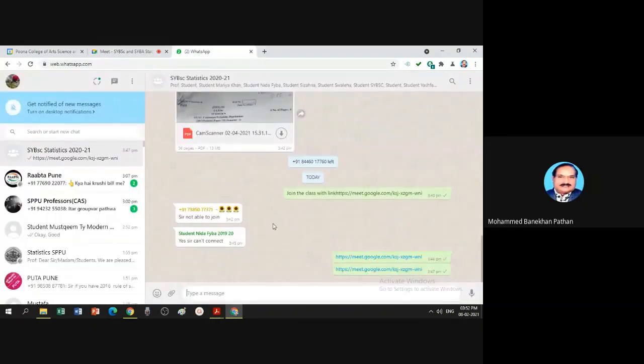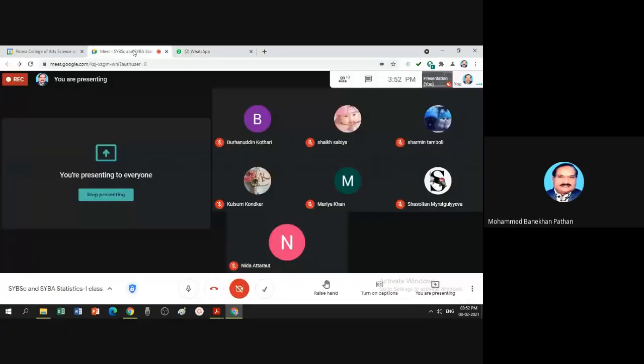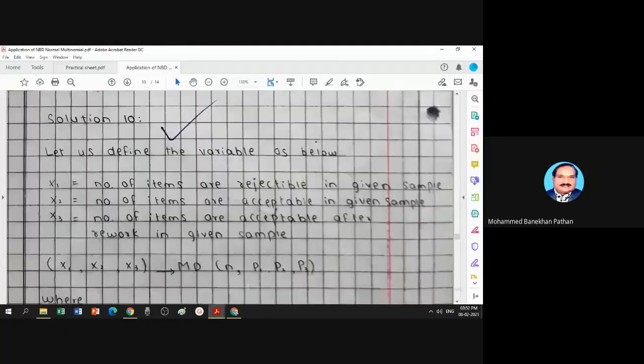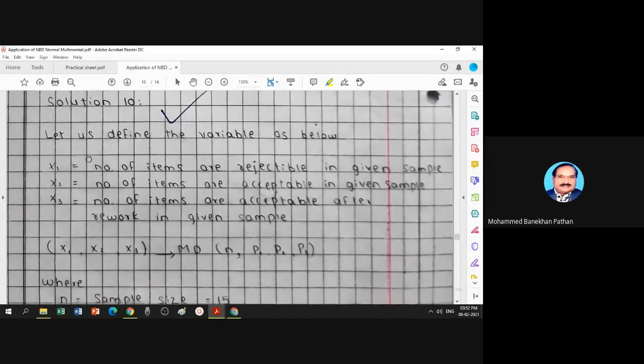This is your question number 10. I define 3 random variables according to the question. X1 stands for the number of items that are rejectable in the given sample.